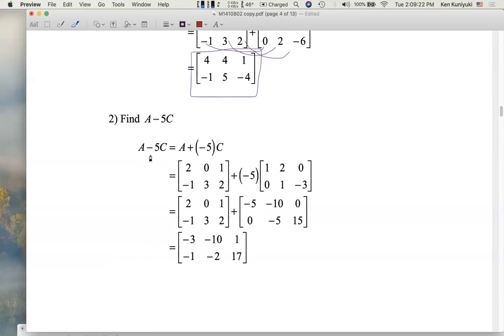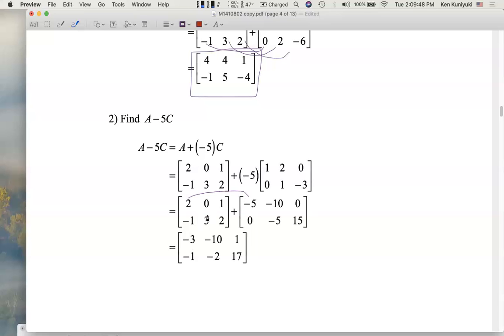So instead of A minus 5C, we can think of this as A plus negative 5 times C. So over here, here's the matrix C. We can start by multiplying by negative 5. In a way, it's kind of a distribution. You multiply each of these entries by the negative 5. You get these. And again, to add matrices, you add corresponding entries in corresponding positions.